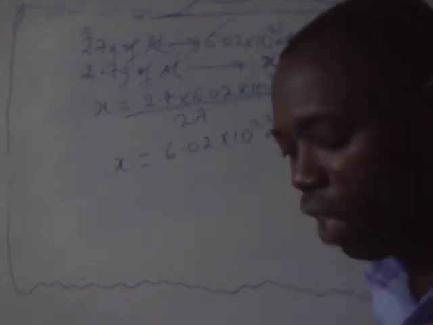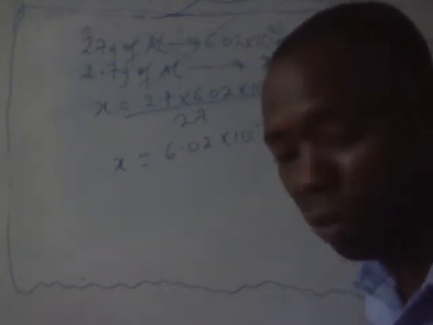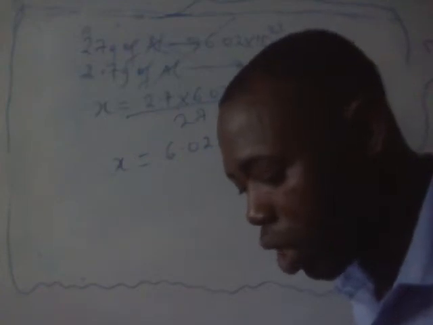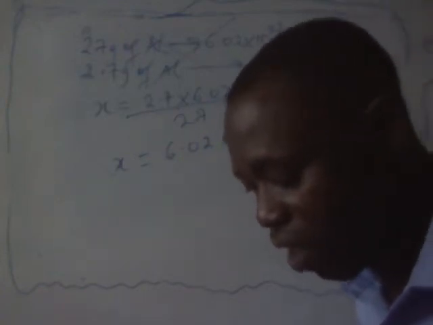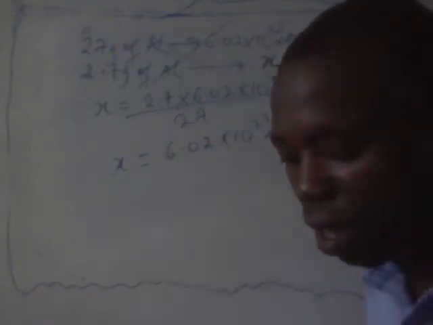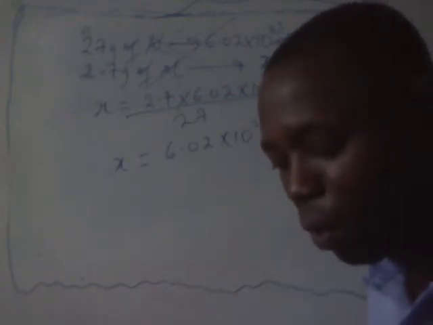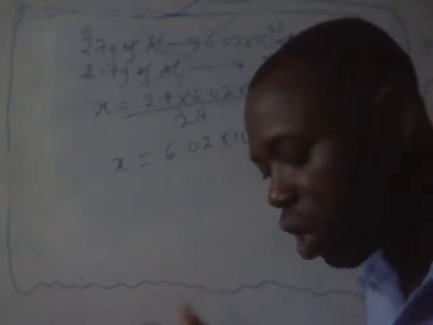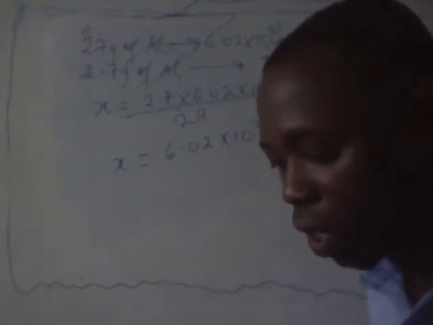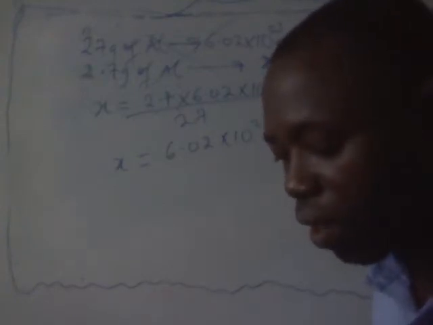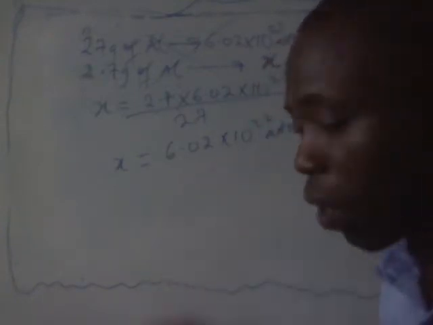Option A, 5.08 times 10 raised to the power 22, wrong. Option B, 6.02 times 10 raised to the power 22, correct. All other options are wrong. Option C is 3.01 times 10^23, wrong. Option D, 6.02 times 10^23, wrong. Option E, 6.02 times 10 raised to the power 24, wrong. So the correct answer is 6.02 times 10 raised to the power 22, Option B.